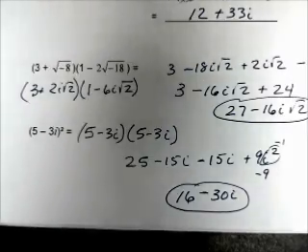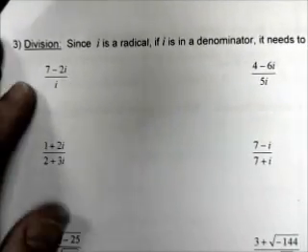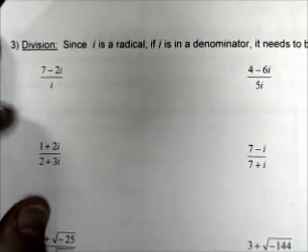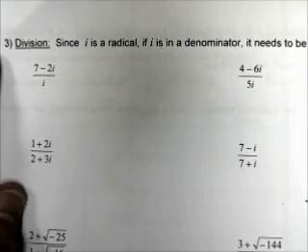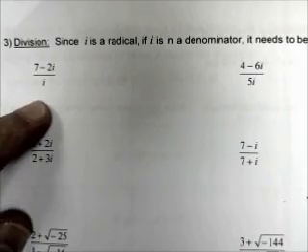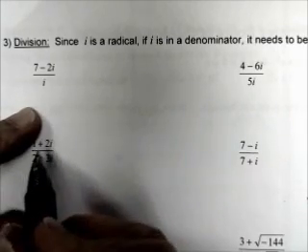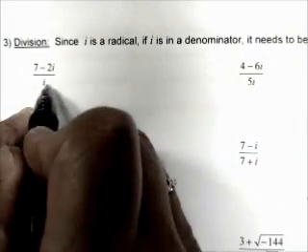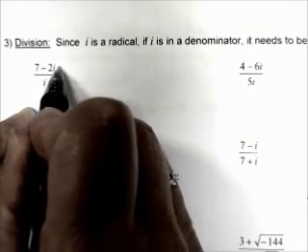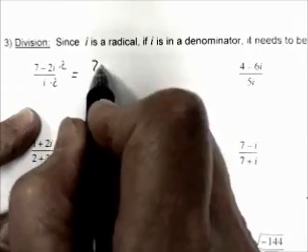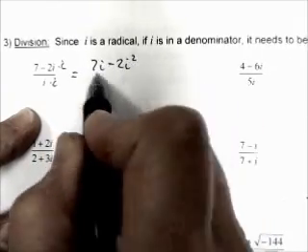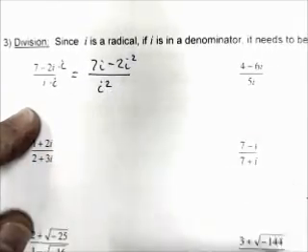Next page. Some division here. Since i is a radical, if i is in a denominator, it needs to be rationalized. Okay? So we have i here. We have to bring it up to i squared. We multiply by i. And we get 7i minus 2i squared over i squared.